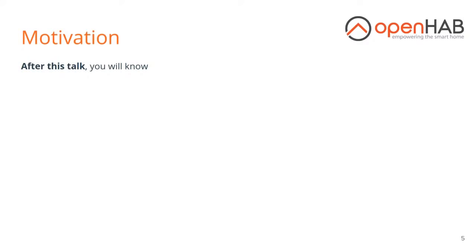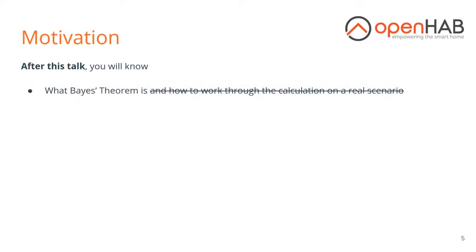So after my talk, you will know what the Bayes theorem is and how to work through the calculation on a real scenario. I strike that out, but there will be a slide in my presentation which you can research on your own later after the talk, which shows a basic example of how to use the math based on current Corona stats.